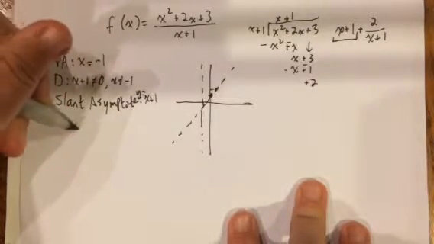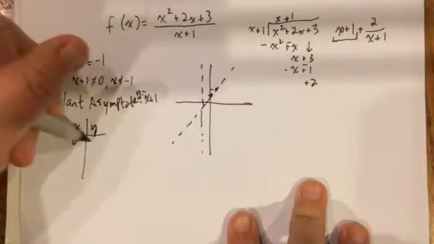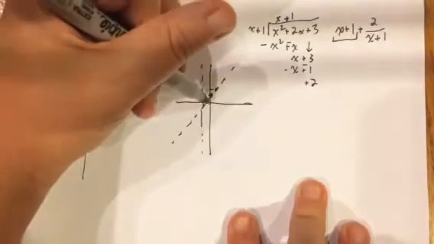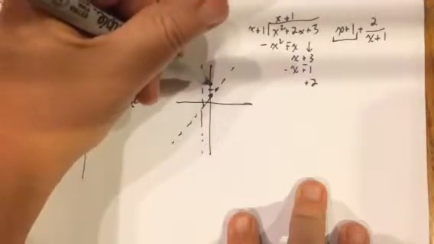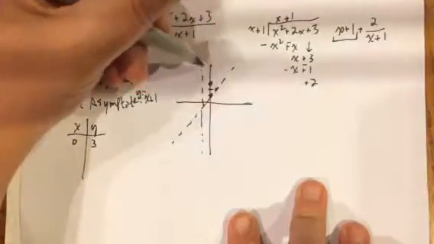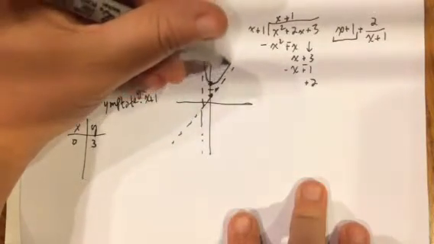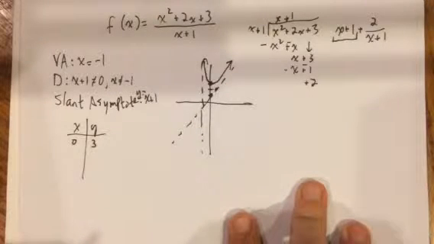If I sub in x equals 0, I get y equals 3. So I have a point at 0, 3, that would be 1, 2, 3, so up here. Which means my graph should probably follow my slant asymptote. So I'm going to draw my graph there, showing that it's following it.